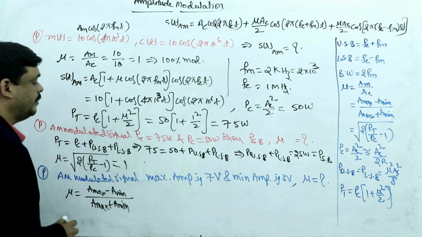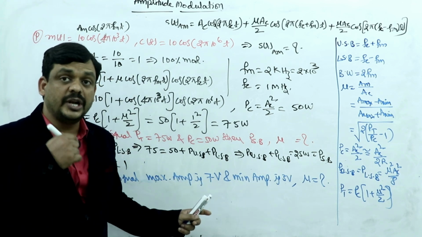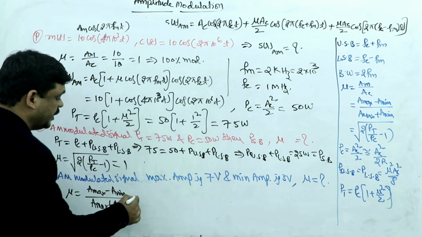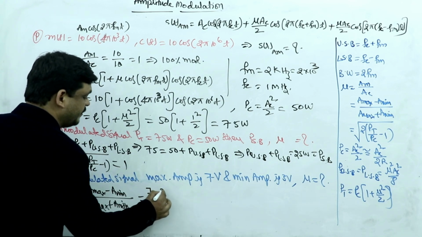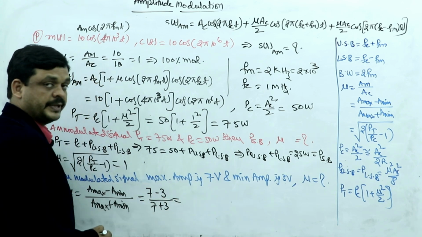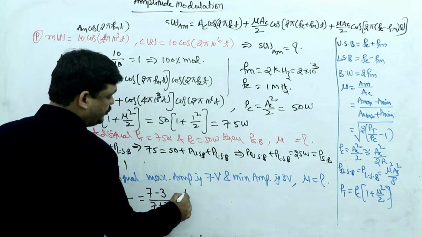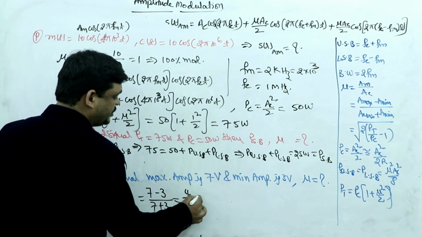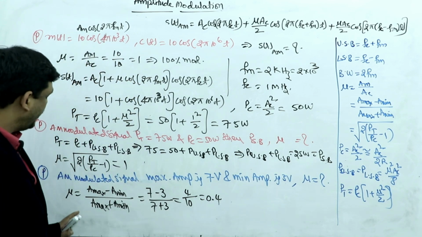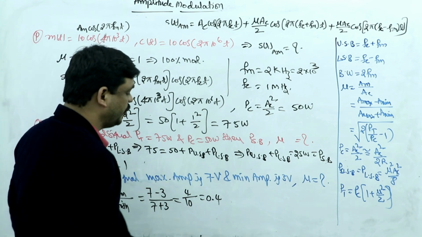Amax is nothing but the maximum amplitude of the modulated signal. So now the modulated signal maximum amplitude is how much here? 7 volts. Then substitute that value here. 7 minus 3 by 7 plus 3. 7 minus 3 is how much? 4, by 7 plus 3 is 10. Then it becomes 0.4. The modulation index is 0.4.